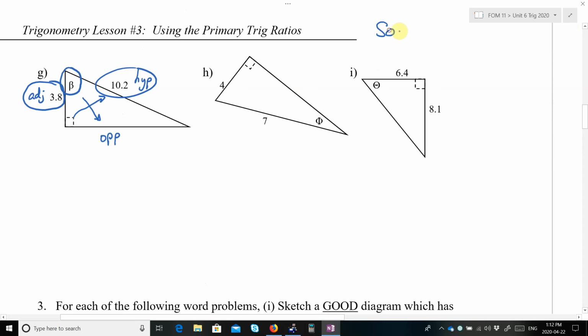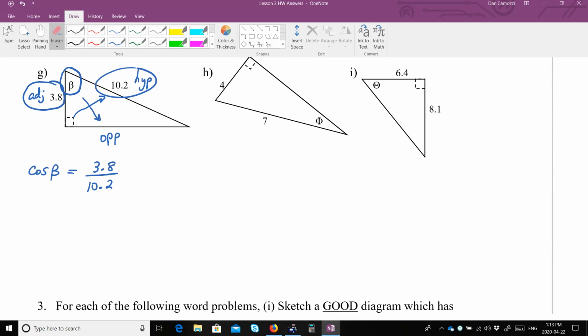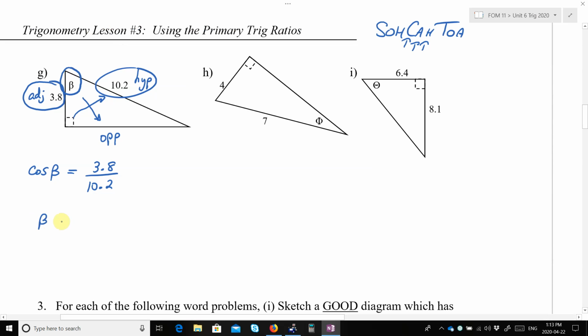So if we do that SOHCAHTOA thing again, we have the adjacent and the hypotenuse, so we must be using the cos ratio. So cos of angle beta is equal to adjacent 3.8 divided by hypotenuse 10.2. And remember, to get an angle, when you have the ratio, you have to use the inverse trig functions.